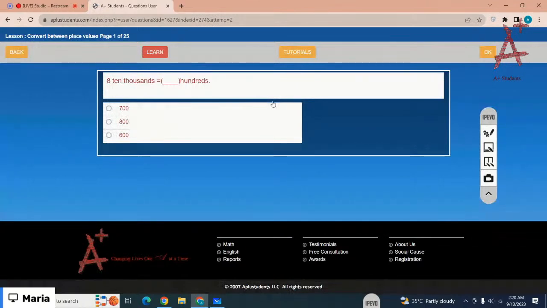Which is the correct option? Yes, 8 10,000s equal 800 hundreds, right? The correct option is 800.